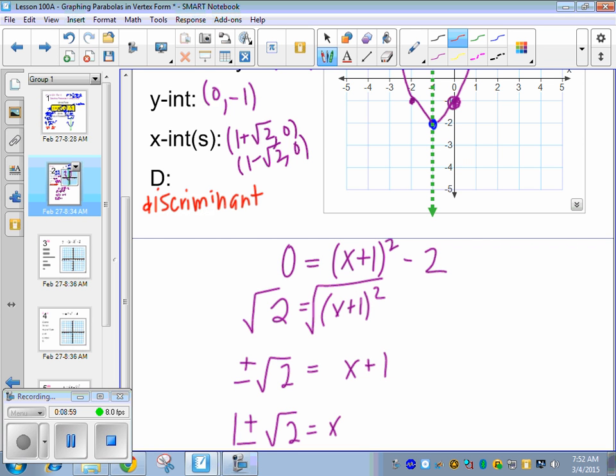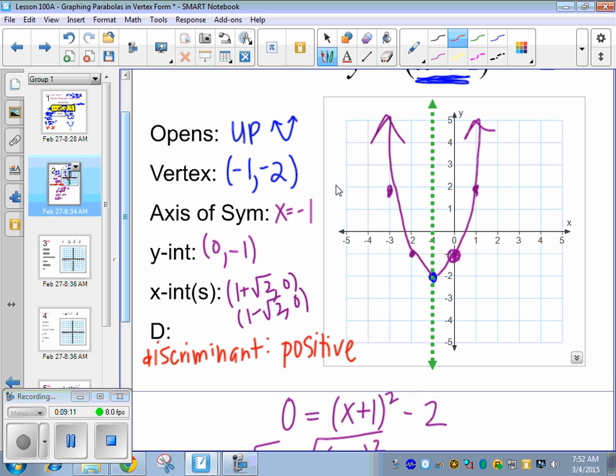So for this one, how many times did it cross the x-axis? Twice. So the discriminant has to be positive, and that's all you have to write down, is that the discriminant is either positive, negative, or 0. And since it crosses twice, it has to be a positive discriminant. Okay? So that's everything we need for a parabola.